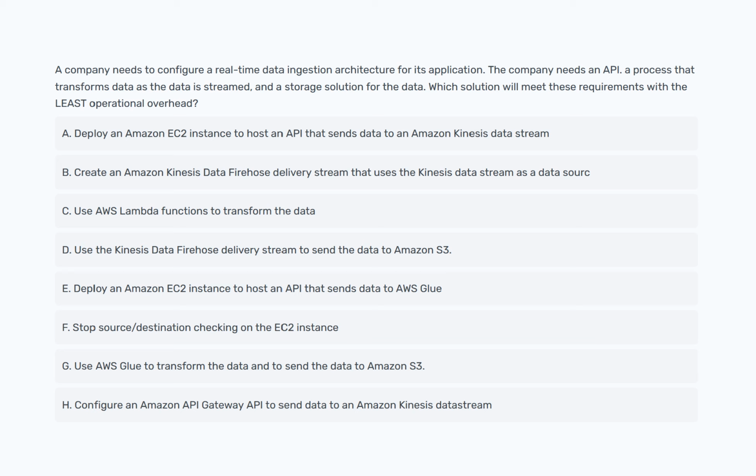This solution is going to be Amazon API Gateway sending data to the Kinesis data stream, and then AWS Lambda, number C, and then Data Firehose with S3, right? These are going to be the answers for that question.